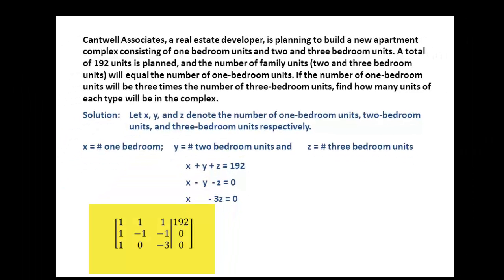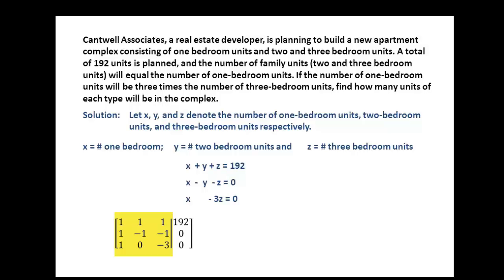And you'll recall the augmented matrix is made up of a coefficient matrix, made up of the coefficients from the left-hand side of the system of equations. So our coefficient matrix would have in column 1: 1, 1, 1, corresponding to the coefficients of X. Column 2 would be 1, negative 1, 0, corresponding to the coefficients of Y. And since the third equation has no Y, we put a 0 in there.